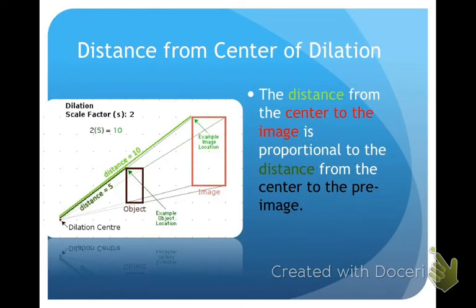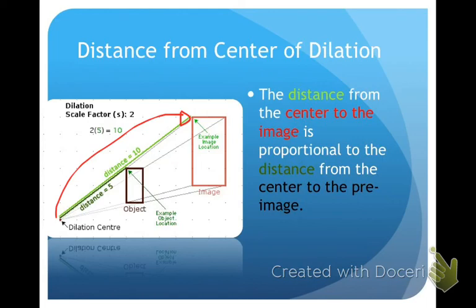Now this one was a little bit harder because we encountered it different ways with the masks and the transparencies, etc. But you probably got an innate sense of this. The farther away we are from the projector or the center of dilation, the bigger the projection became. So another way of talking about this is the fact that the distance from the center to the image, so this red shape here, so this big distance here, is proportional to the distance from the center to the pre-image.